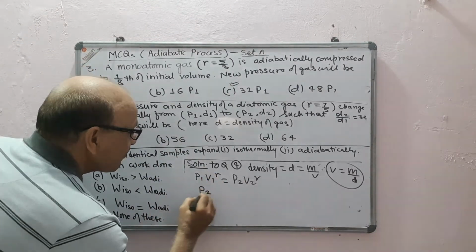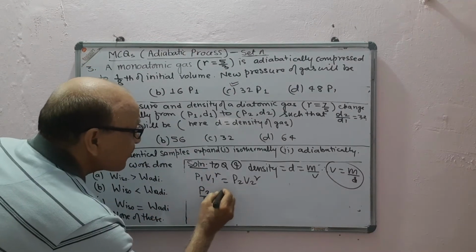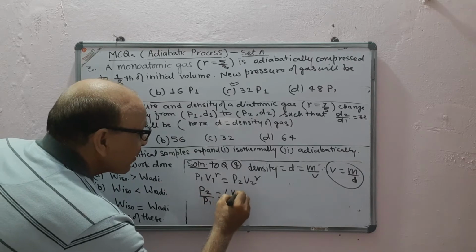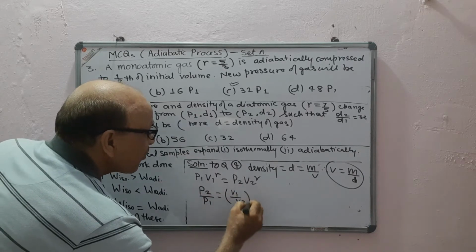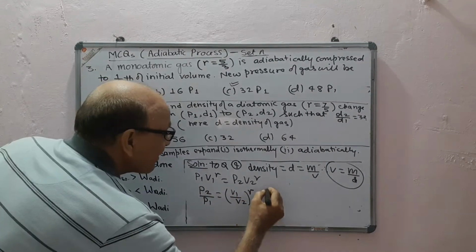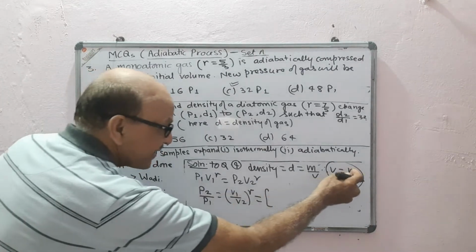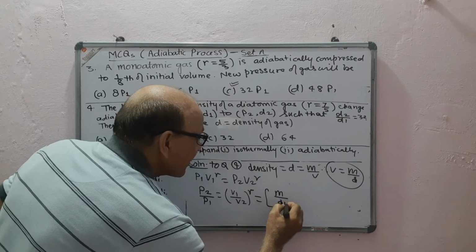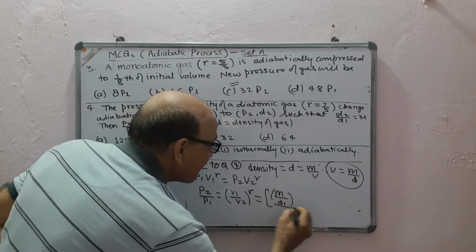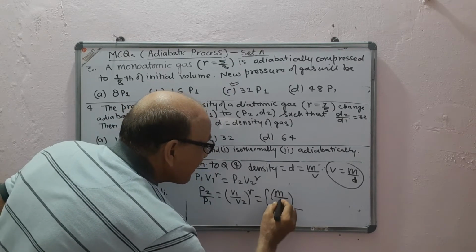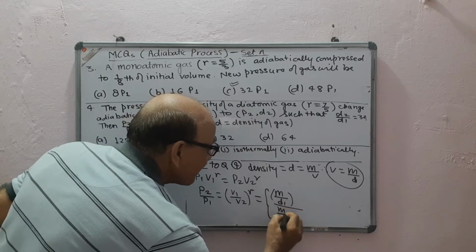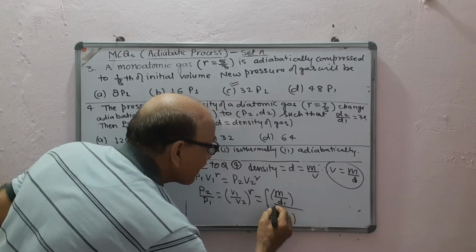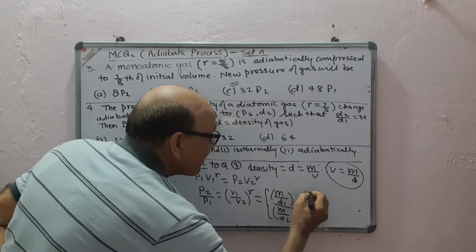So P2 upon P1 will be equal to V1 upon V2 whole power gamma. V1 can be written as M upon D1, and V2 can be written as M upon D2, whole power gamma.